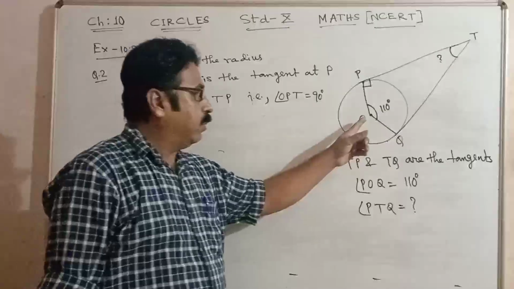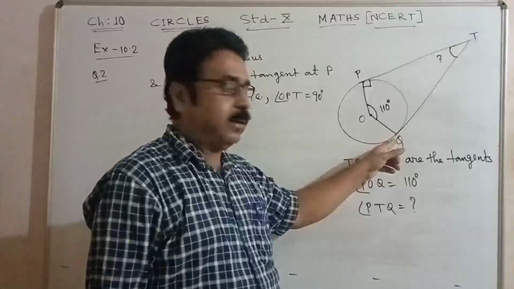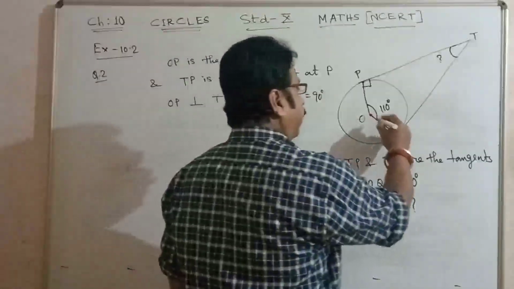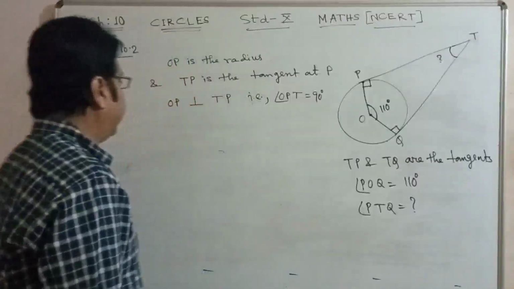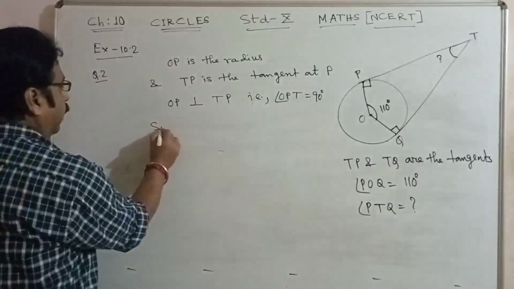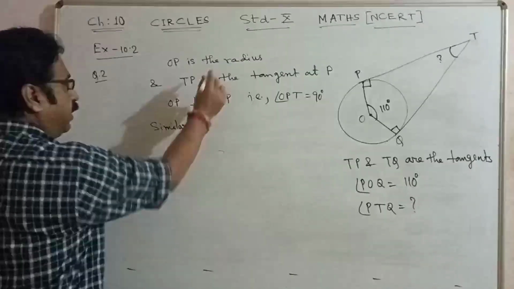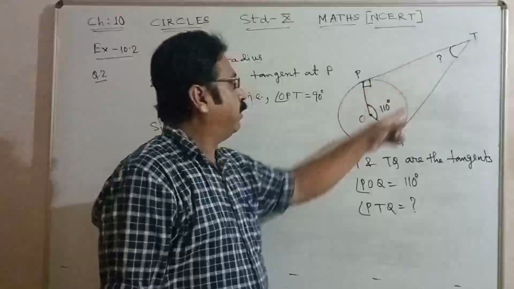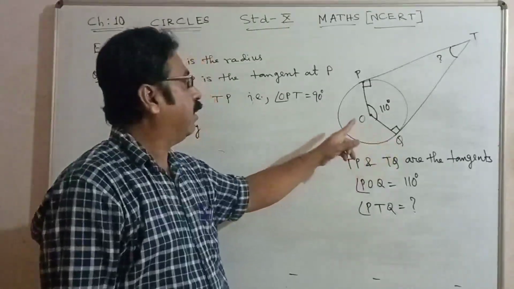Similarly, OQ is the radius, TQ is the tangent at the point of contact Q. Then OQT is also 90 degrees. For the similar reason, we can write again TQ is the tangent at the point Q, OQ is the radius of this circle.